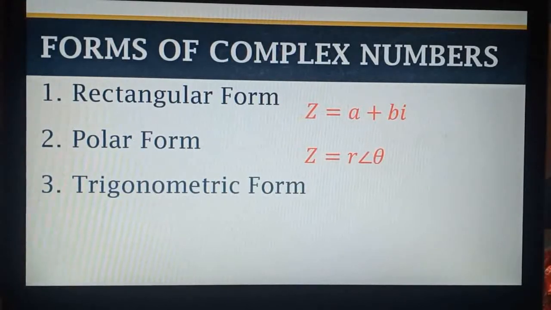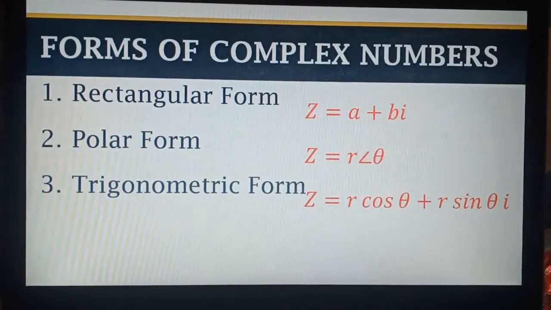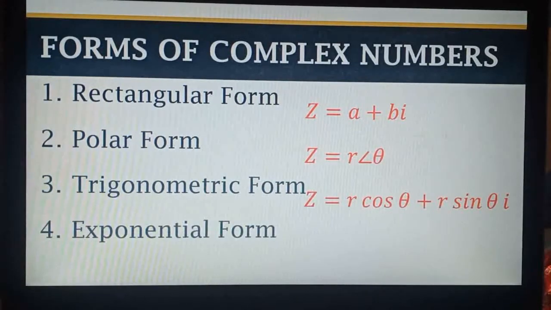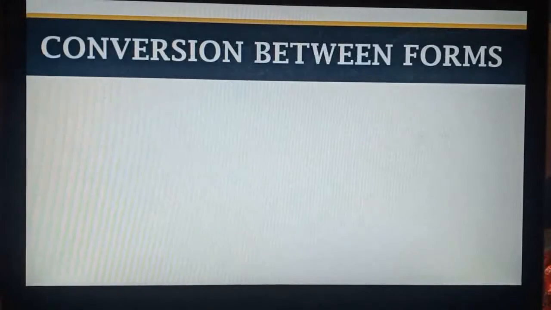Third is the trigonometric form, which is z equals r cosine theta plus r sine theta i. Then the last form is the exponential form, which is z equals r e raised to theta i. So how can we convert between forms?